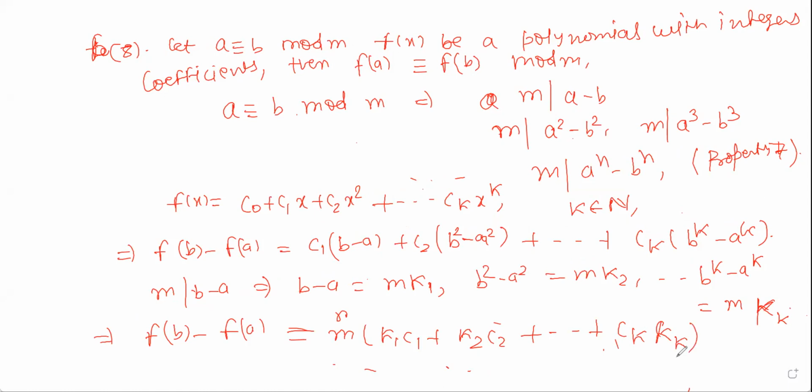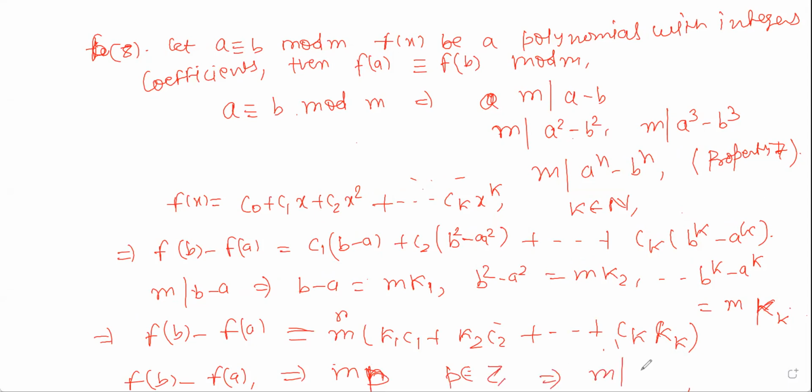Since c1, c2 and ck are integers, f(b) minus f(a) equals m into p, and p is also some integer.